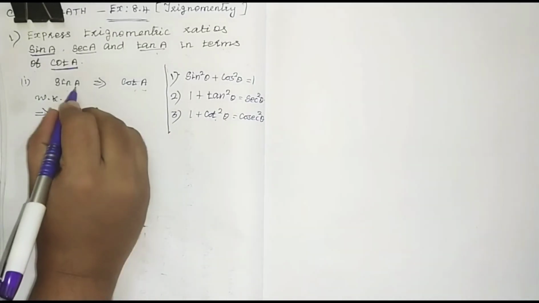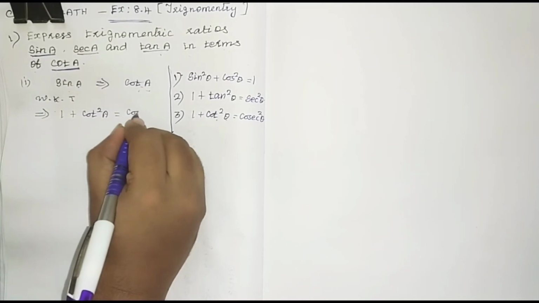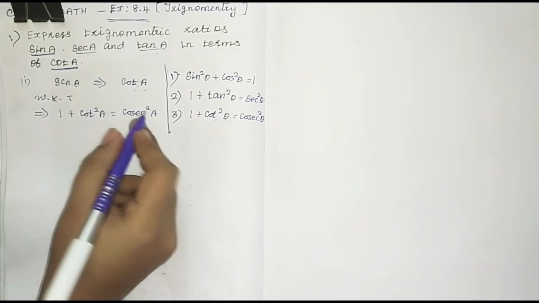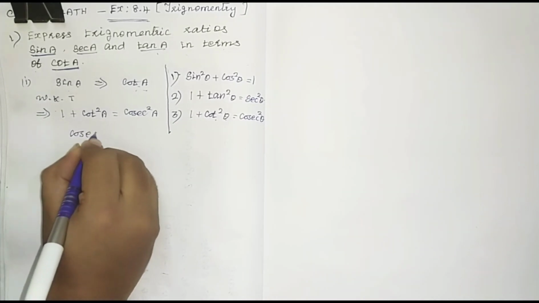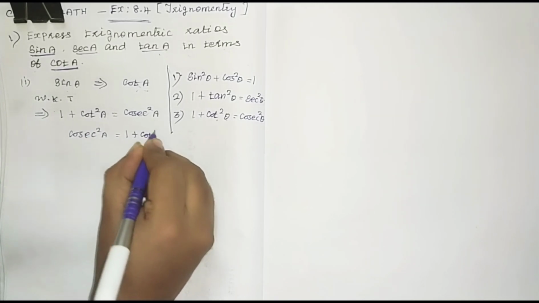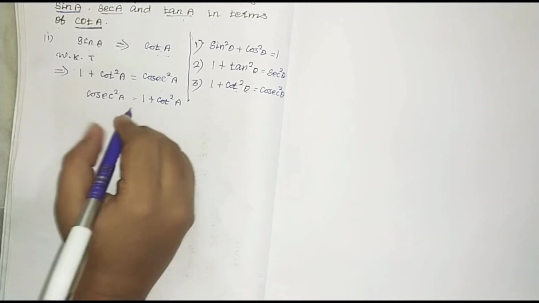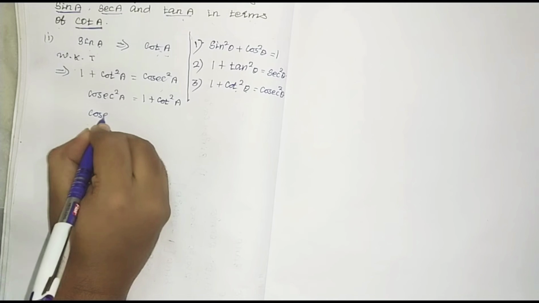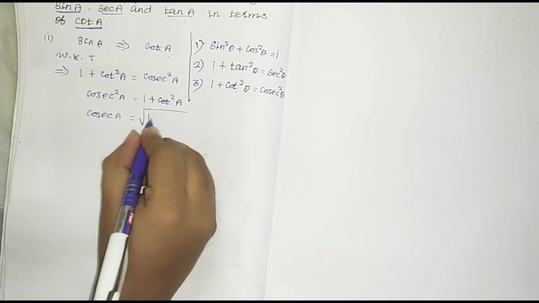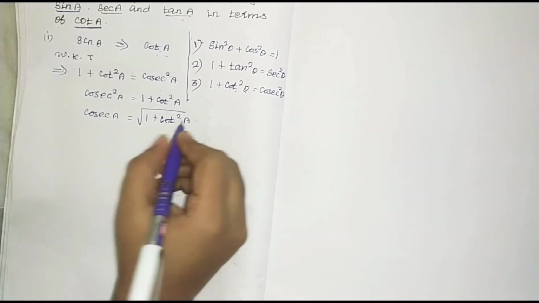Instead of theta here we have A, so 1 plus cot square A equal to cosecant square A. Just transferring, I am writing cosecant square A equal to 1 plus cot square A. Square transferred to that side will become root. Cosecant A equal to root of 1 plus cot square A.